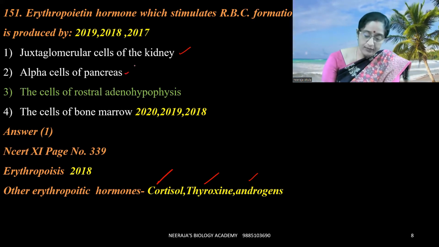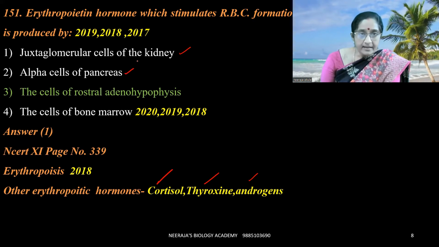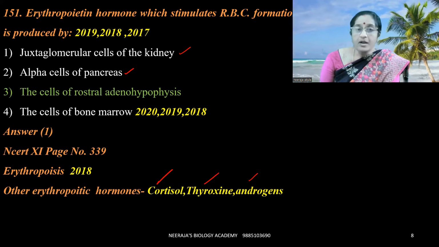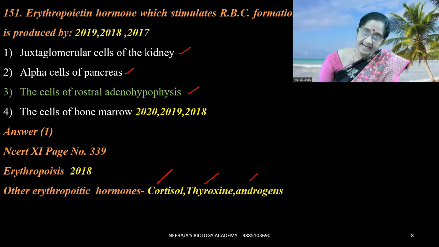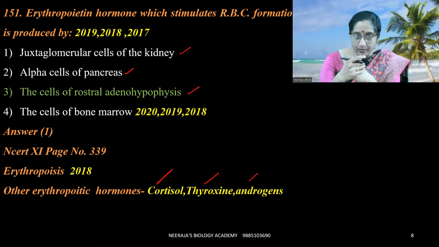And if we come to the alpha cells of pancreas, these are the cells which are involved in the secretion of glucagon hormone. It is a hyperglycemic hormone, which is antagonistic to the insulin hormone. And if we come to the cells of rostral adenohypophysis, these are the cells which are associated with the pars distalis and the cells of bone marrow.